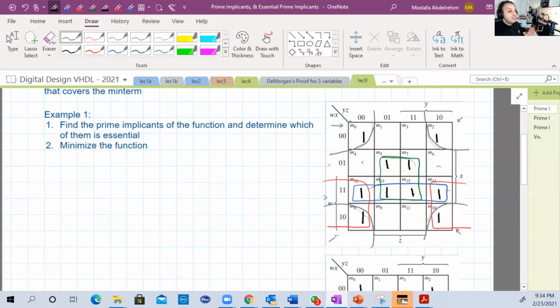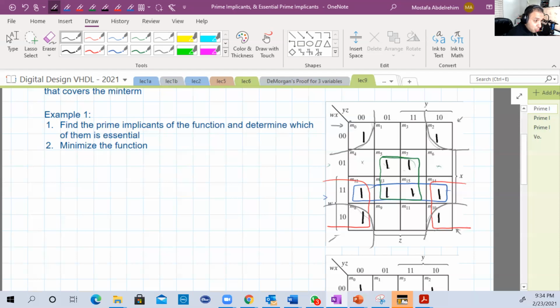So we have four prime implicants now. Let's find out which of them are essential prime implicants. Take each group, and whenever you find a group that has at least one one that is not contained in any other prime implicant or any other group, then this is an essential prime implicant.